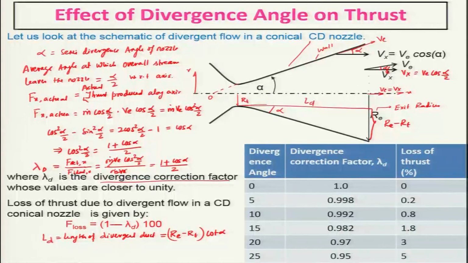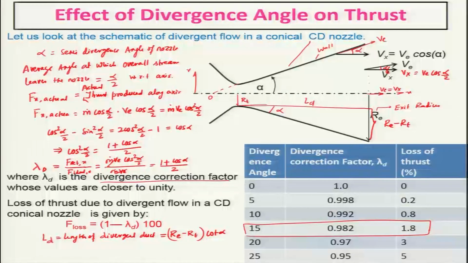When the angle decreases from 15 to 5, the length will increase something like 3 times. As a result, generally the divergence angle is restricted to 15 degree because the losses are not much and the length won't be very much. That is the reason why the divergence angle is restricted to 15 degree.